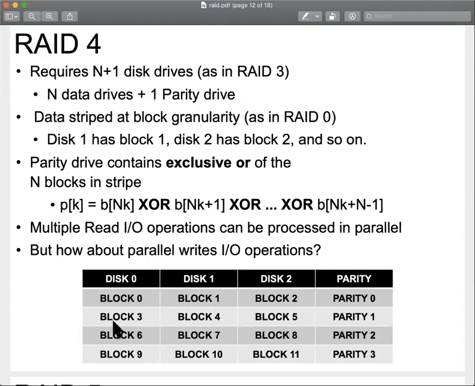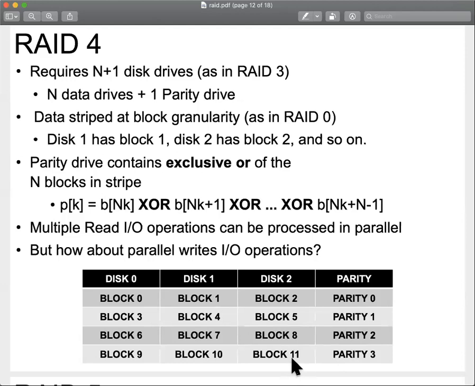So we are striping across the disks just like we did with RAID 0 and RAID 1 for that matter. But unlike RAID 1, where we were keeping a mirror backup copy, now we are going to compute a parity across the blocks in the same row and store the corresponding parity in the parity disk. So likewise block 3, 4, and 5 would make parity 1 and so on.